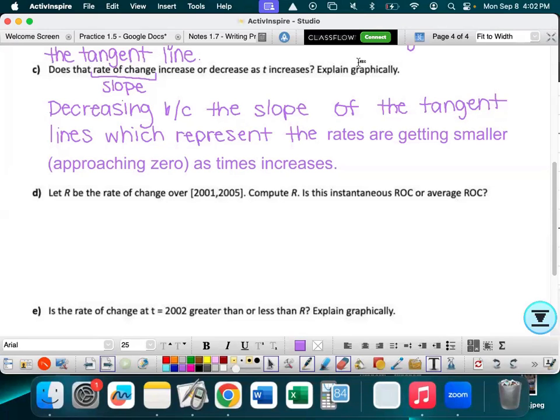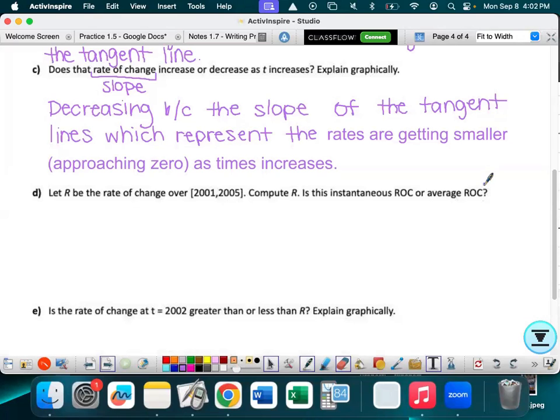Part D, let R be the rate of change over the interval from 2000 until 2005. Compute R, and then is this instantaneous or average rate of change? So I want to answer that question first. Is this rate of change that we're going to compute instantaneous or average? Hopefully you said average rate of change. Why? Because we have a time interval.